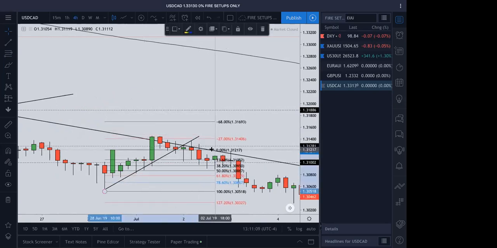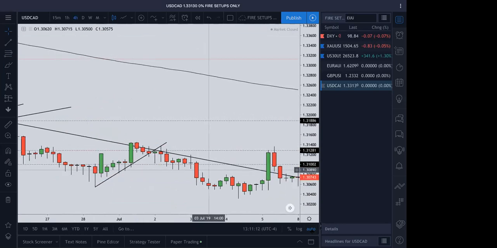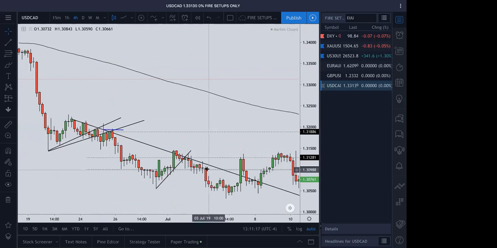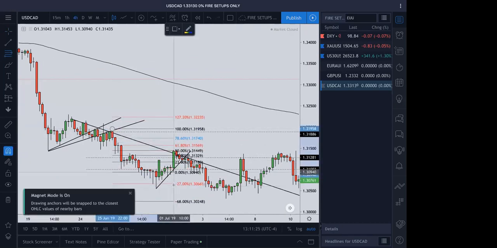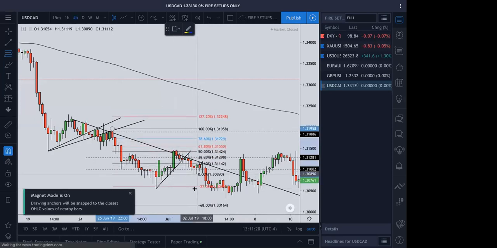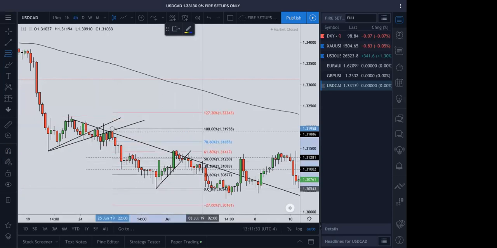Okay, let's zoom out just a little bit, please. Okay, let's put the fib on the last leg, high to low. Wow, what can we find? 61.8.